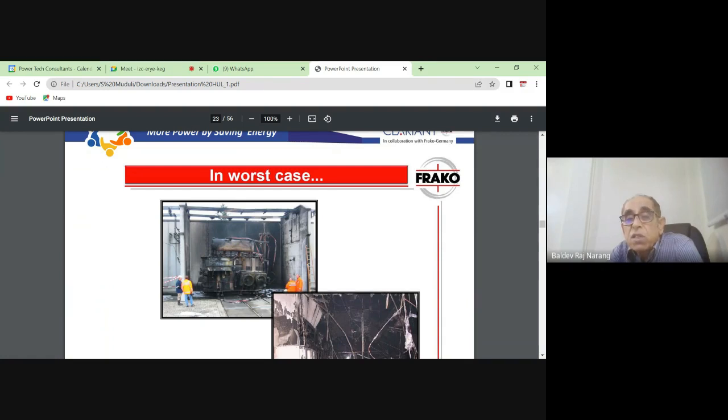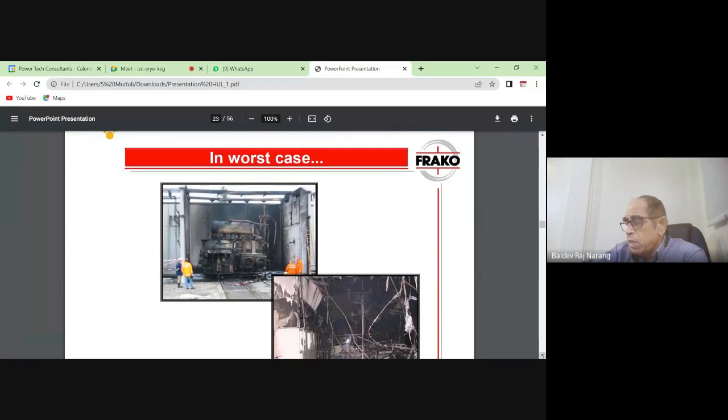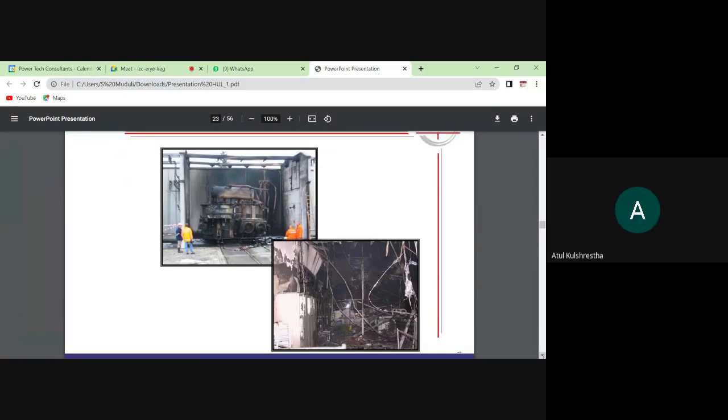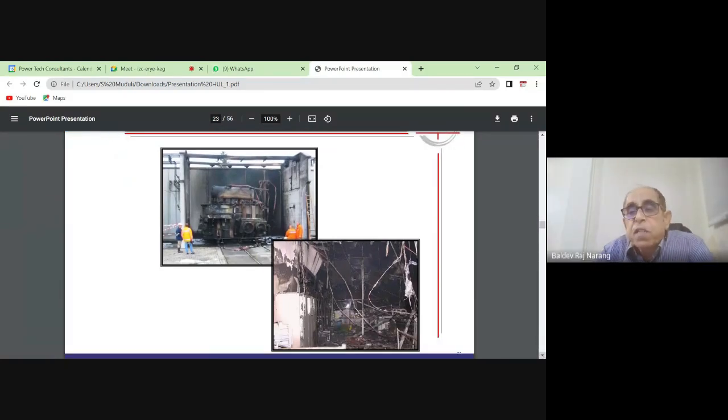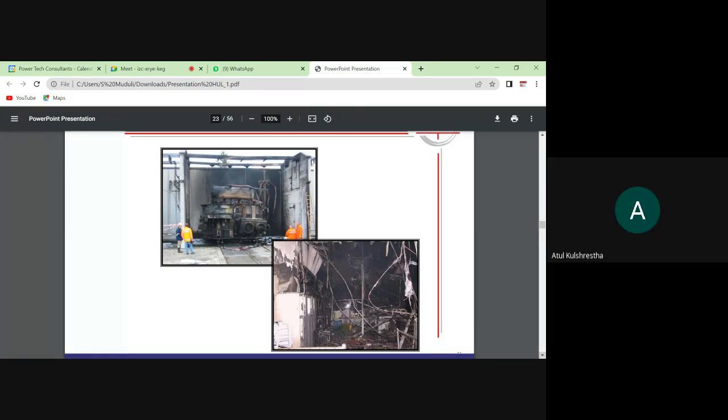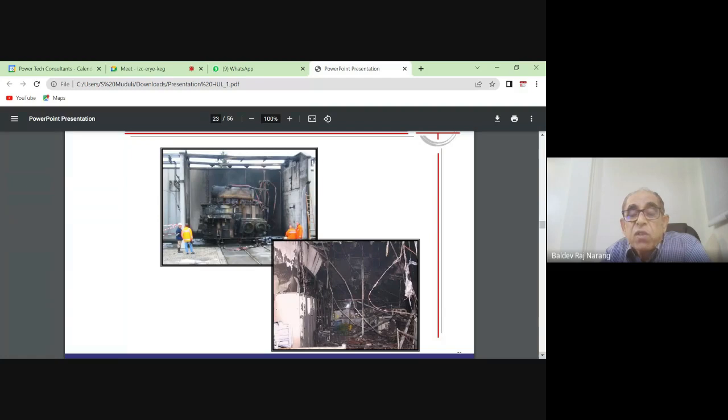But if resonance takes place, because people are not using the capacitors properly, like people keep on putting plain capacitors without reactors, they interact with the impedance of the system and cause resonance. And that resonance is like a short circuit. If it is not taken care of, it can result in a major accident.